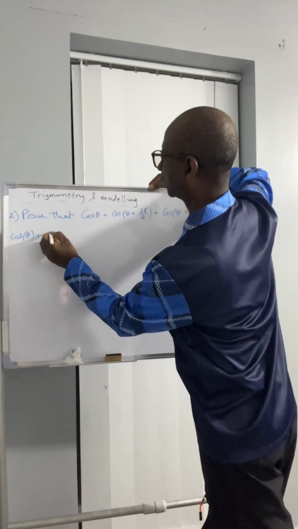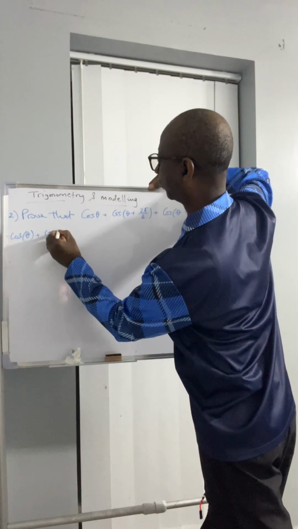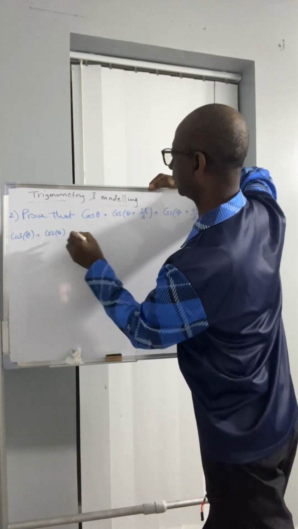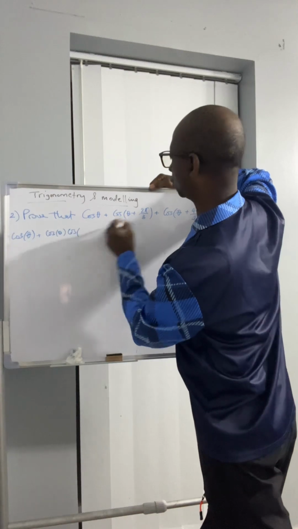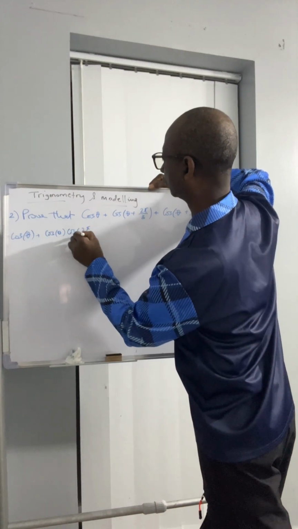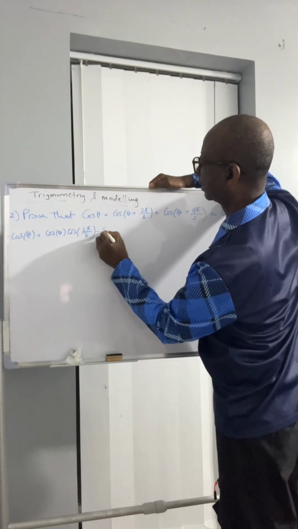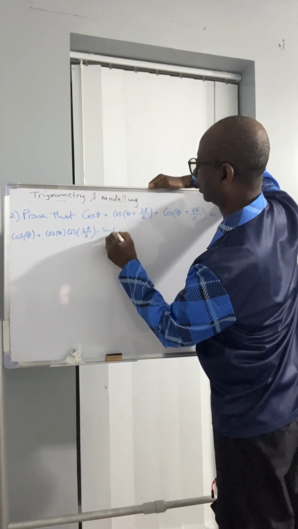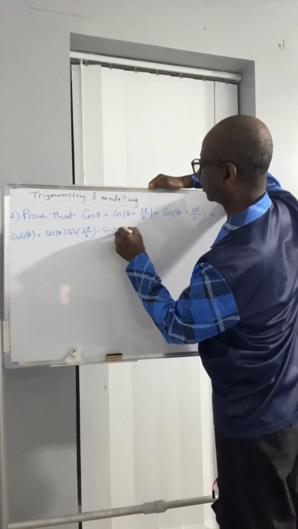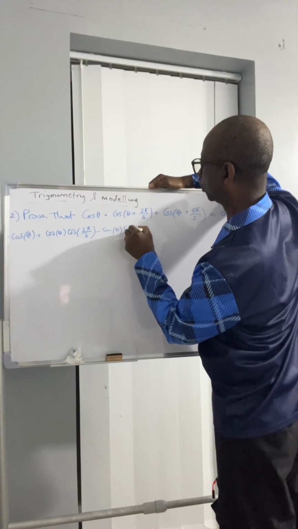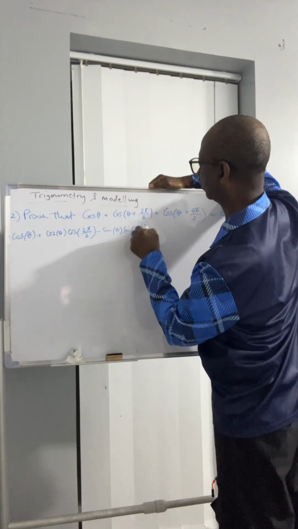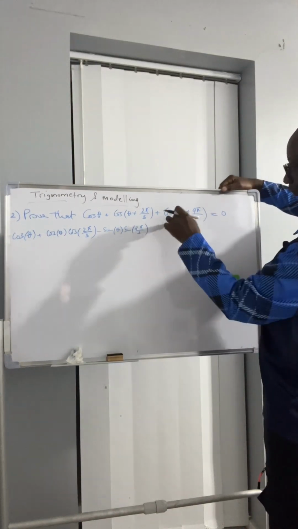So this will give us the cosine of theta times the cosine of 2 pi over 3 minus sine of theta times sine of 2 pi all over 3. Then we'll come to this one.